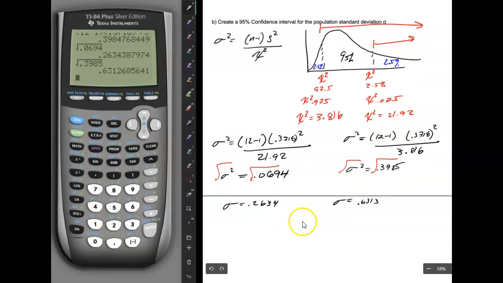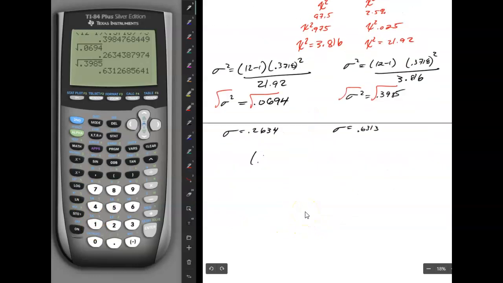All right, so there we have our confidence interval. So as an interval, we have 0.2634, 0.6313.